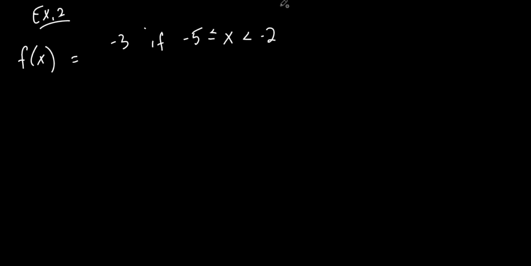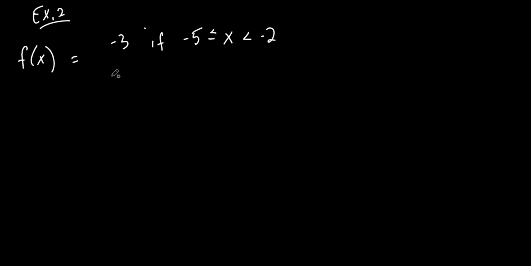All right, so we're going to graph. Here it goes. It's basically like that first thing that we did. In fact, it's so much like it. Yeah, we'll just do it. I mean, it's in the book. This is example 2. Might as well do it. So I've got -3 if -5 less than or equal to x, which is less than -2.